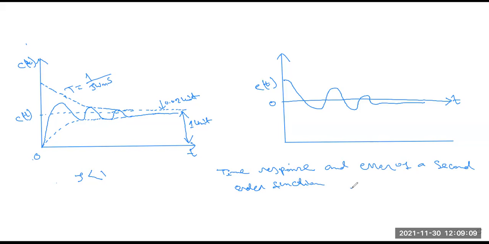Okay. So in that case, if you remember, just wait, I'm writing. When the damping factor is less than 1, the system is called underdamped.